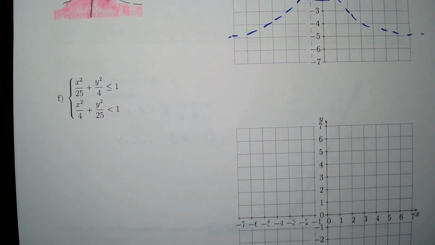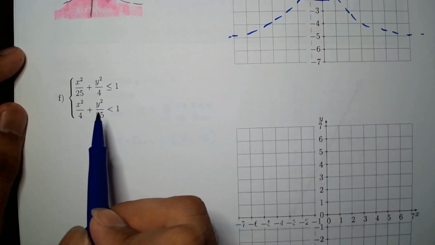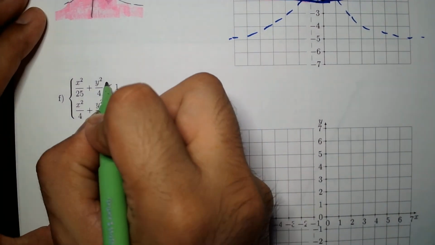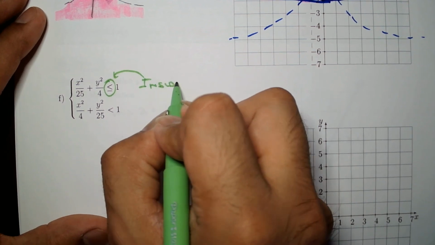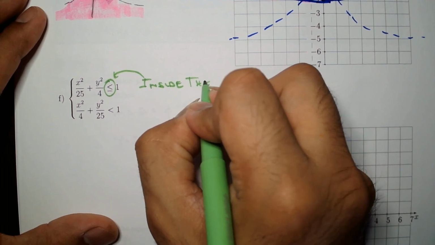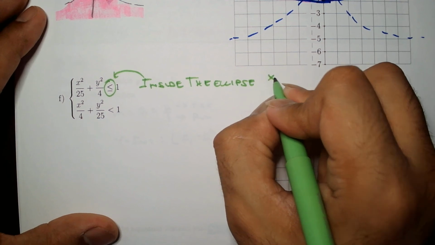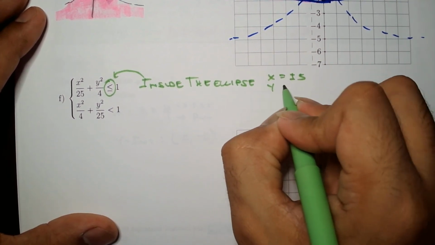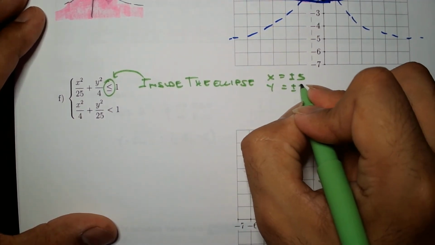What are we going to have? Well, in this case, for letter F, both of these are ellipses. Number one, inside, because it's less than or equal, that's inside the ellipse whose intercepts are x equals plus or minus 5 and y equals plus or minus 2.